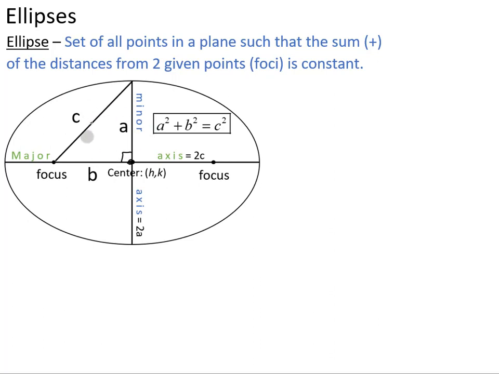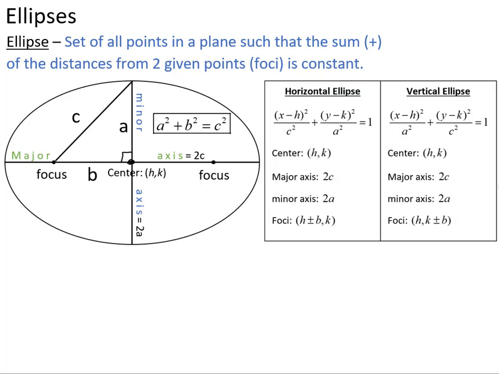Okay, so we're going to say that this is also true, and we can use this to help find missing information sometimes, that a squared plus b squared equals c squared. Even though you can also think of this length as being c, it's nice to have it there in our right triangle. Okay, so the minor axis is twice the length of A. The major axis is twice the length of C.